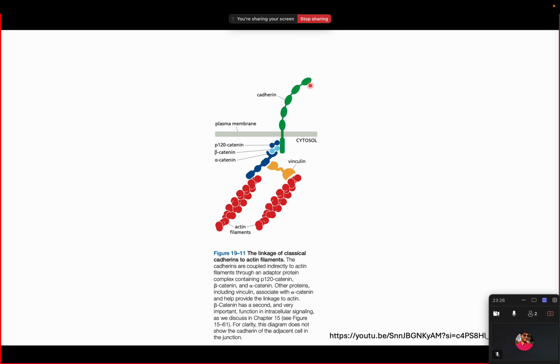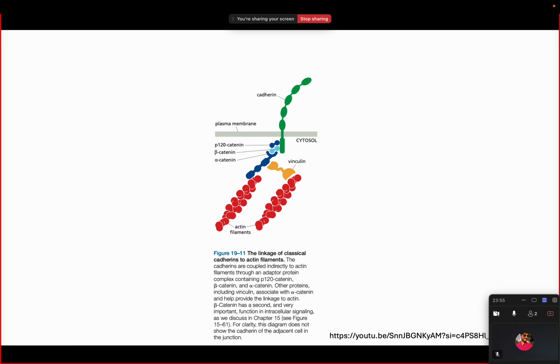That is how a single cadherin molecule is linked with the actin of one cell, and imagine there is another cell here which has a similar arrangement, and they are connected via cadherin molecules. That is how cells have the ability of contact. They know when there is a new cell in their proximity, how much they should grow, and how much space they should have. So these are the roles of the rearrangement of actin filaments itself.